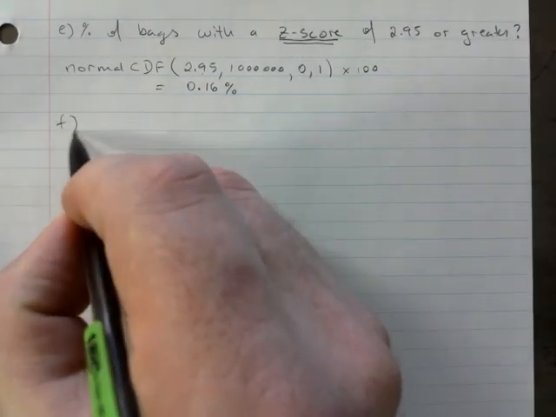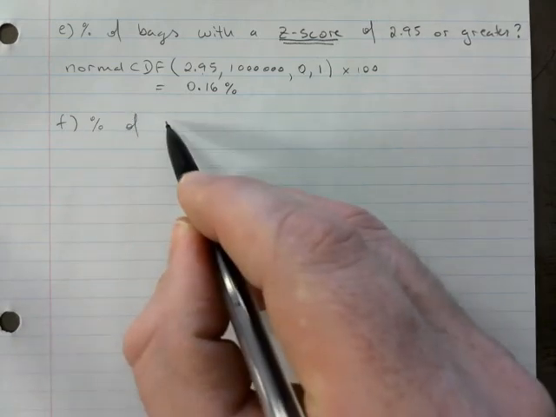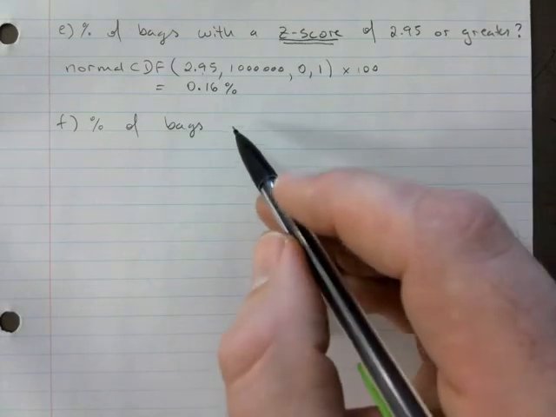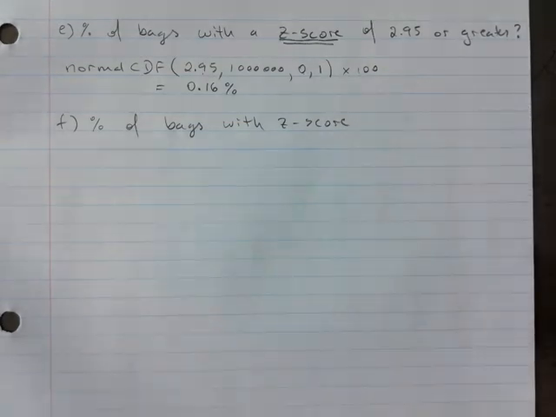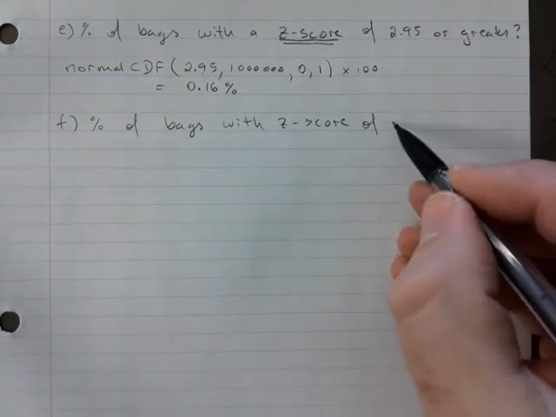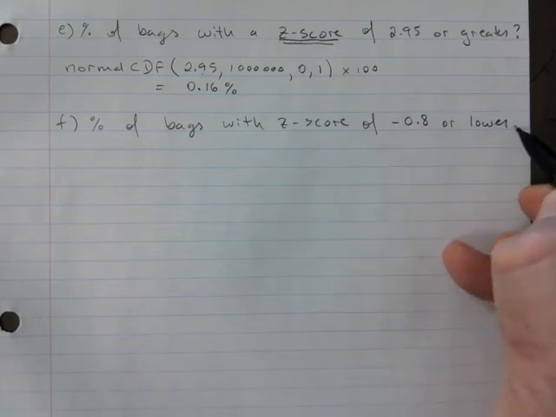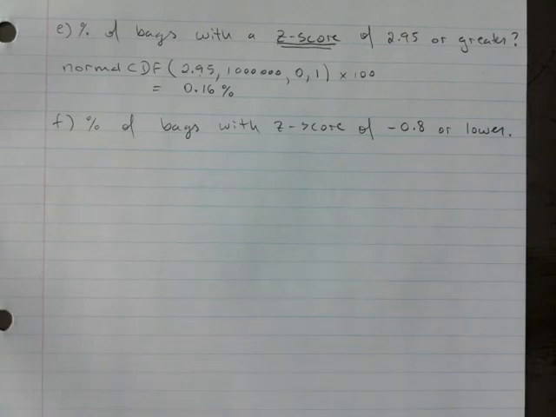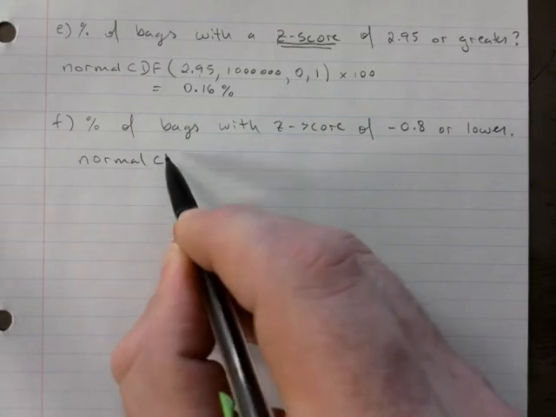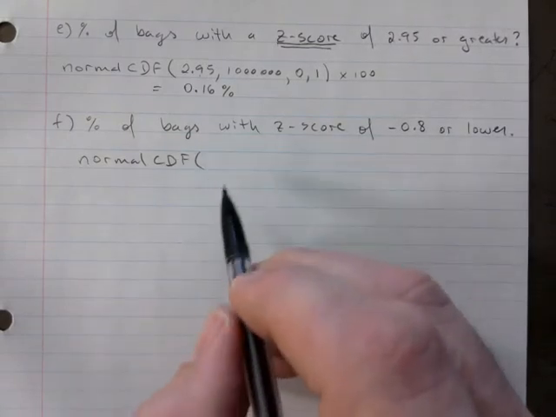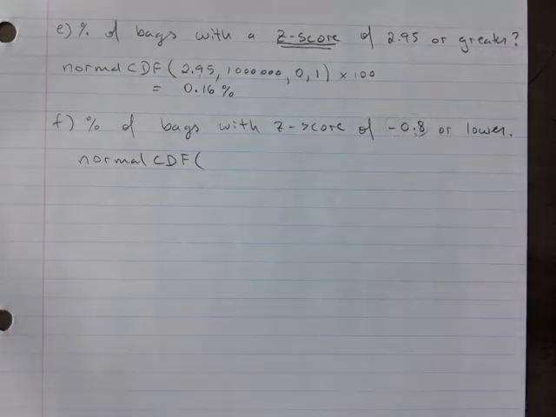We see F, percentage of bags with z-score of negative 0.8 or lower, or a z-score of less than negative 0.8, normal CDF. In this case, this is your upper, because you want to go this or lower.